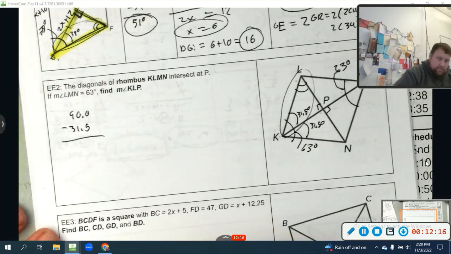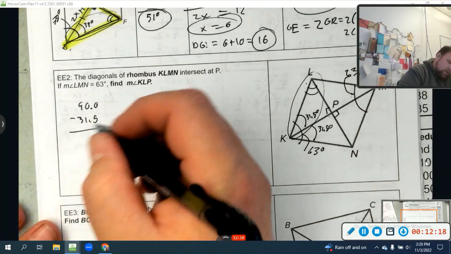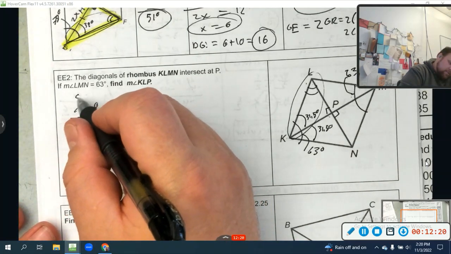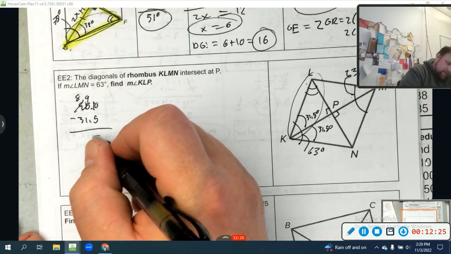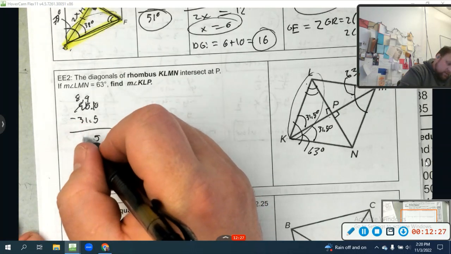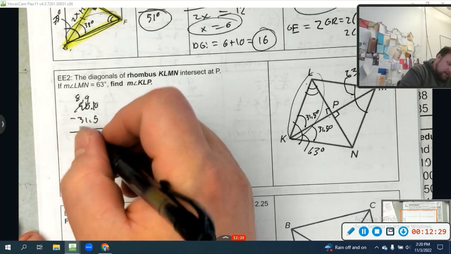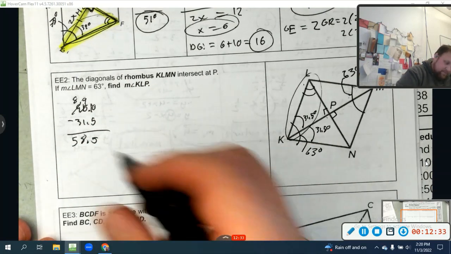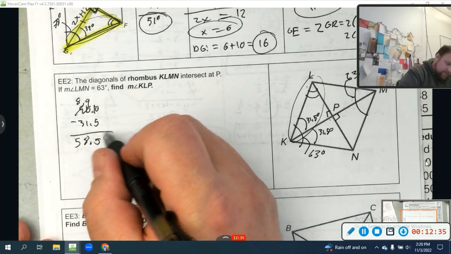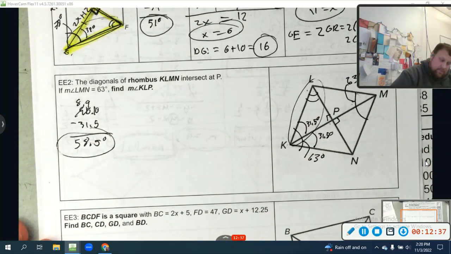What do we get? Got to borrow: 10 minus 5 is 5, 9 minus 1 is 8, and 8 minus 3 is 5. 58.5 degrees. Not too bad.